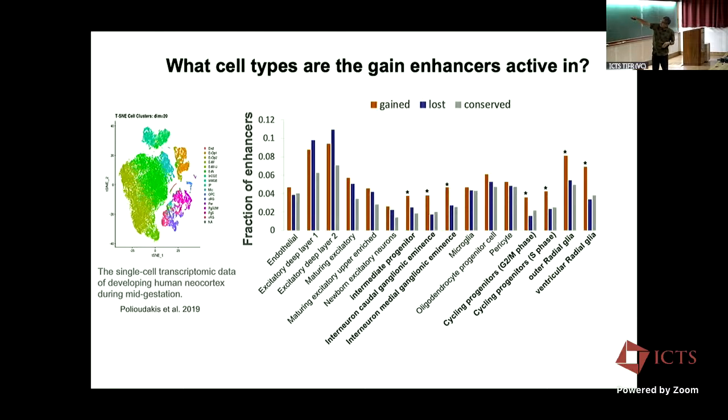If you look at their names, progenitor, interneuron, cycling progenitor, so basically progenitors and interneurons just light up with these enhancers. There's no reason for it to happen. Right? There's no bias in the analysis. I haven't come to mutations yet. This is all about the gained enhancers. I'll come to mutations.